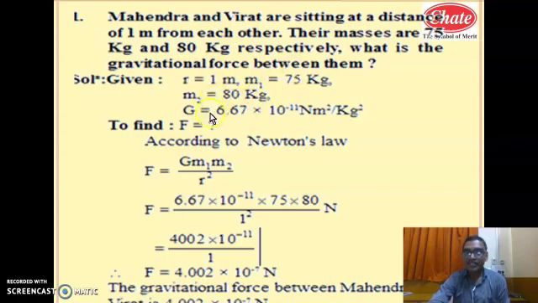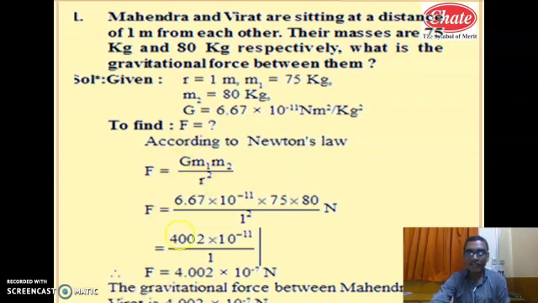To calculate the gravitational force, there is one constant, G, and G equals 6.67 into 10 raised to minus 11 Newton meter square per kg square. The formula to find the gravitational force is F equals G m1 m2 by r square, according to Newton's universal law of gravitation.